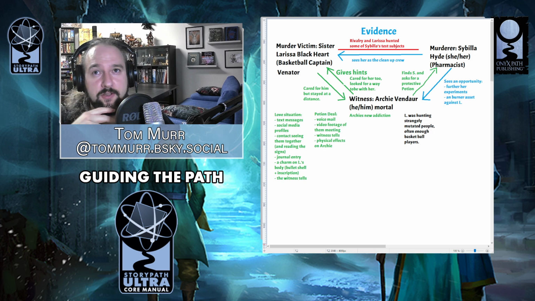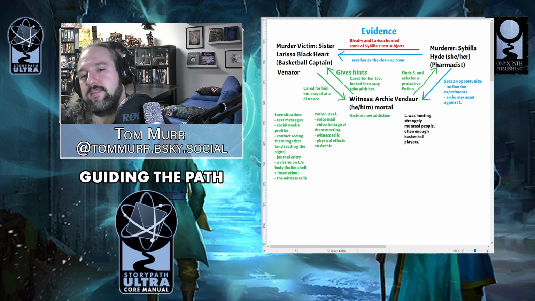This might be different for you, but when I'm designing a scenario, I often look into what skills there are that I haven't used yet, and I hope to make sure that they are at least triggered once or twice. And so this would be a great use of medicine and especially of science.